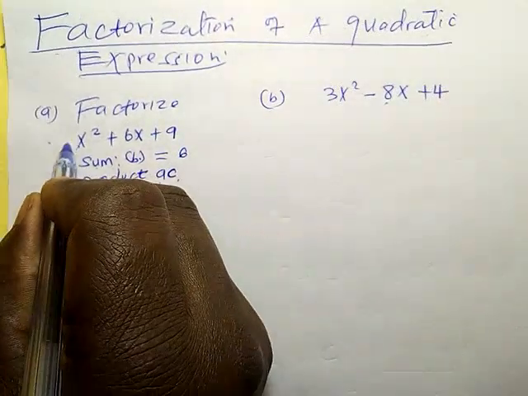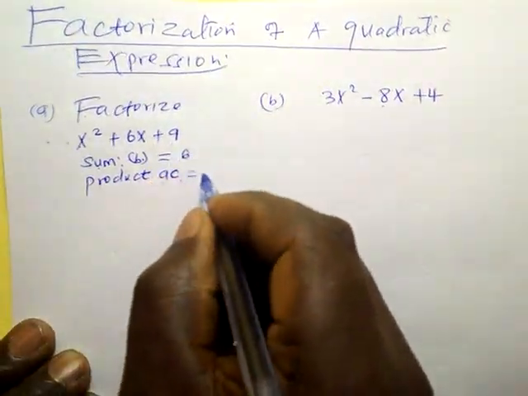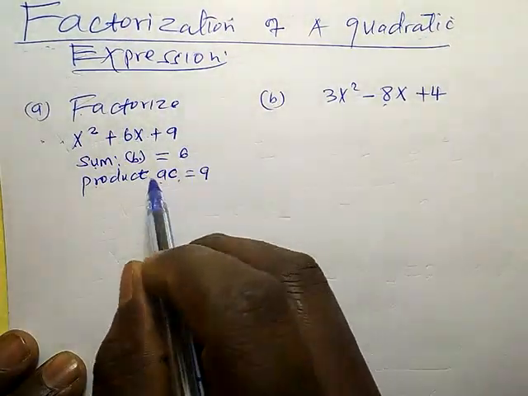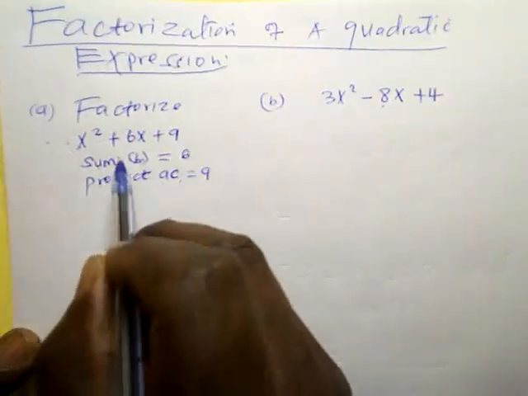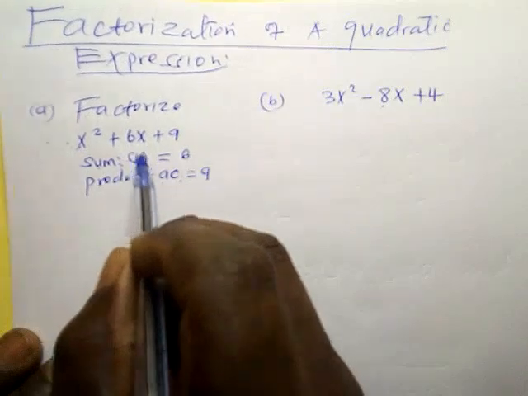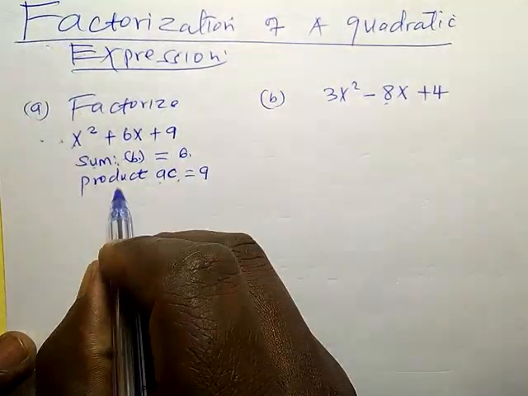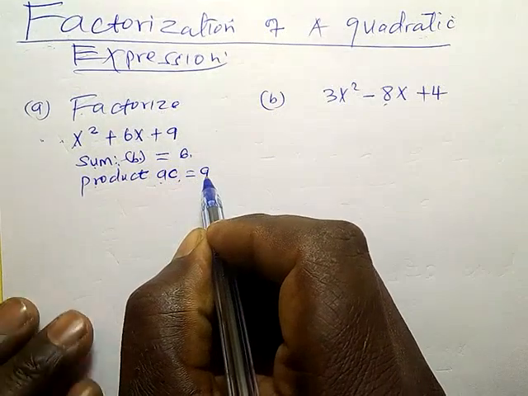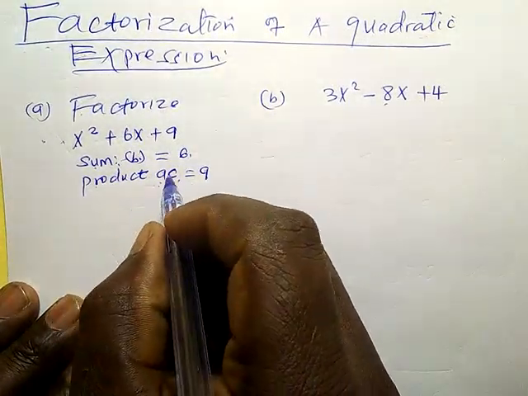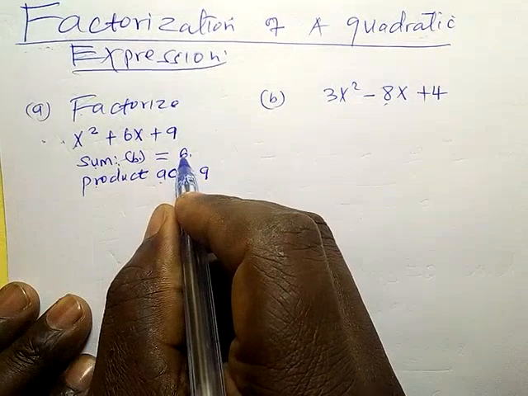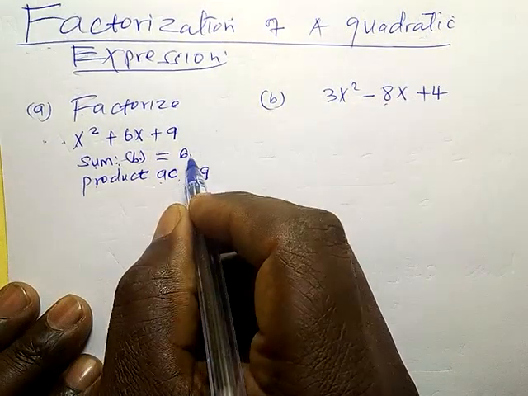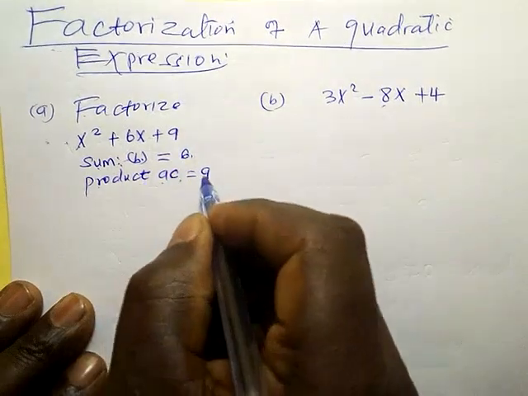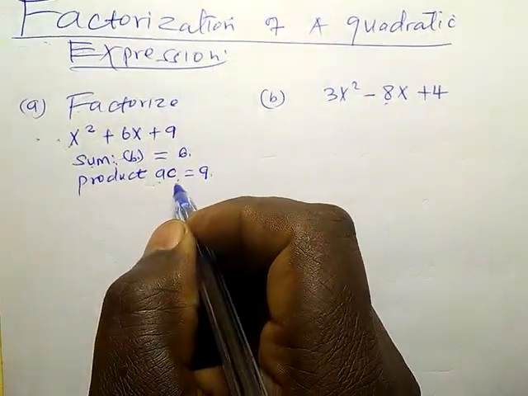Our product is 1 times 9, which equals 9. Now we are looking for two numbers. When we add them, the answer is 6, and when we multiply them, the product is 9. Yes? The numbers that add to give us 6 are 3 plus 3, and 3 times 3 is 9. So our number is 3.